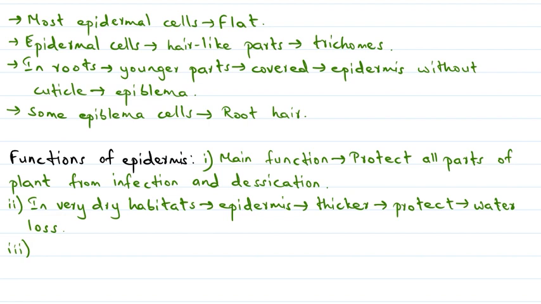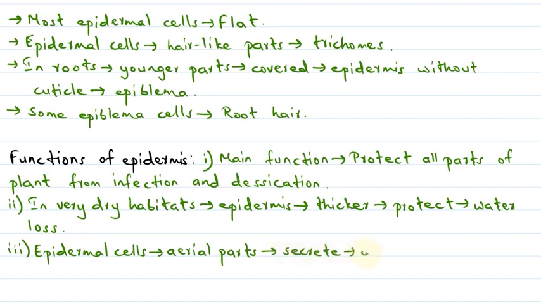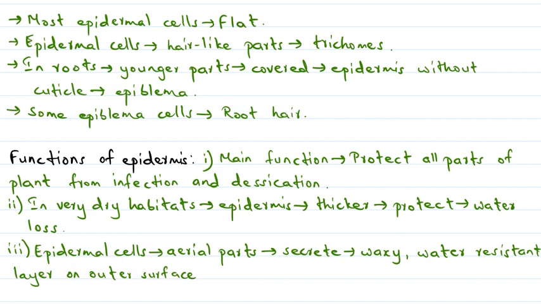Then the epidermal cells that are present in aerial parts of the plant secrete a waxy, water resistant layer on their outer surface, and this helps in protection against loss of water.